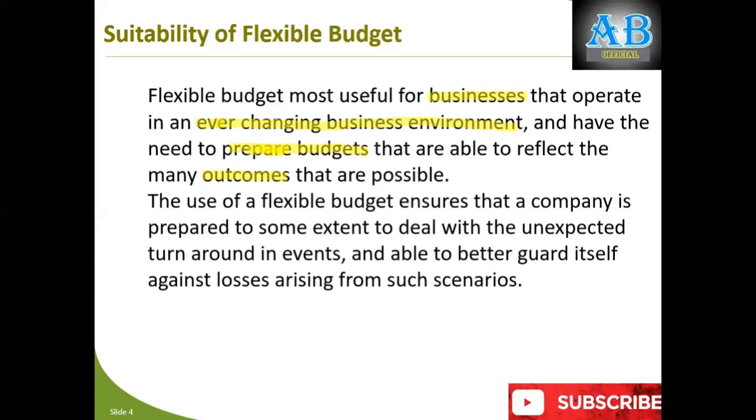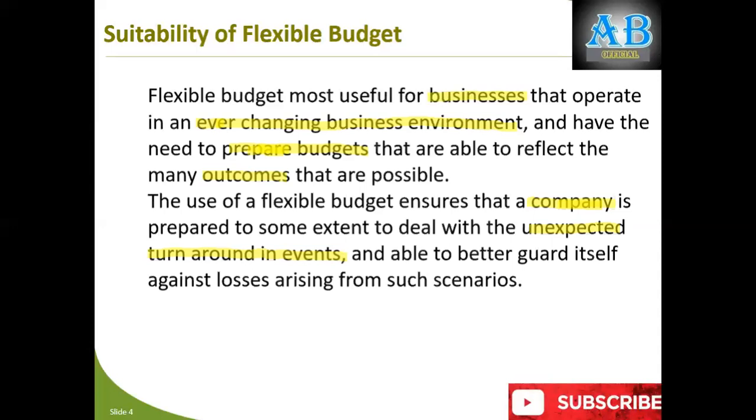It is also used for the companies, for the businesses, that are preparing for some unexpected turnarounds in events. For instance, let's assume the overall environment is stable, but you are expecting that your specific business may incorporate some unexpected events during the next accounting period.